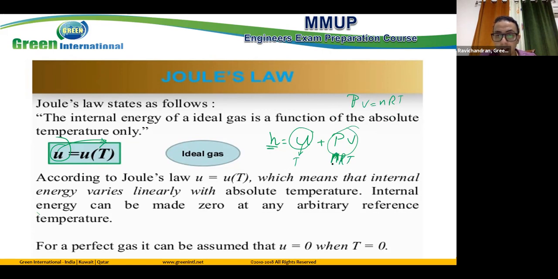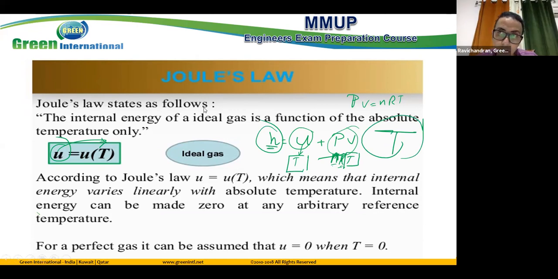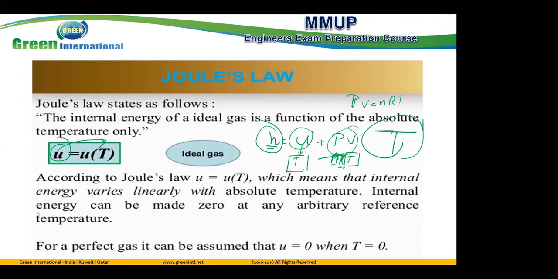If you consider the number of moles constant, and R is constant by default, then this is constant. So this term is a function of what? Temperature. And this one is a function of what? Temperature. So enthalpy is by default a function of temperature only, same as internal energy. So internal energy is a function of temperature only, and also enthalpy is a function of temperature only. Clear?